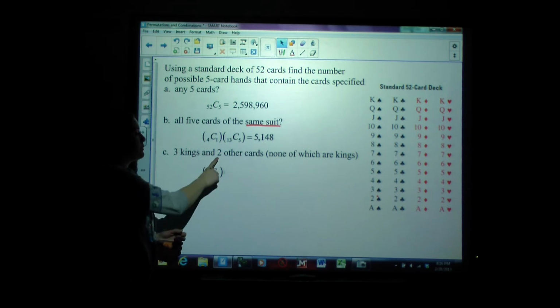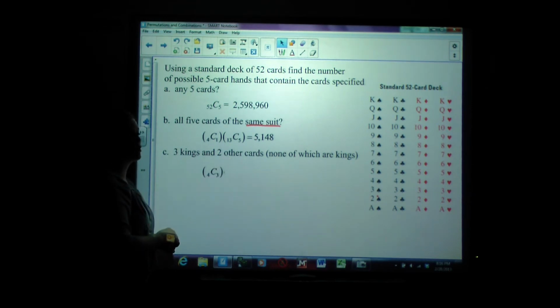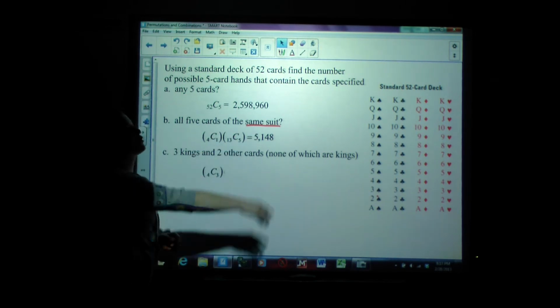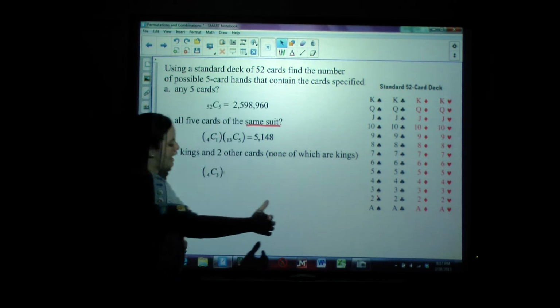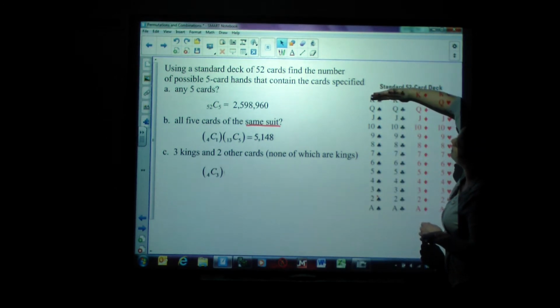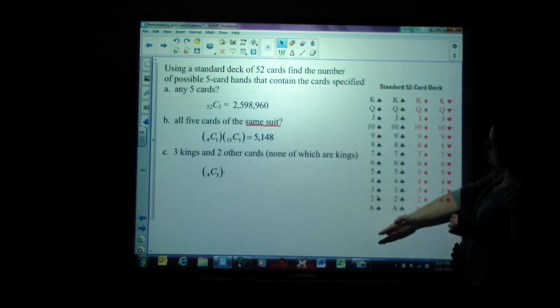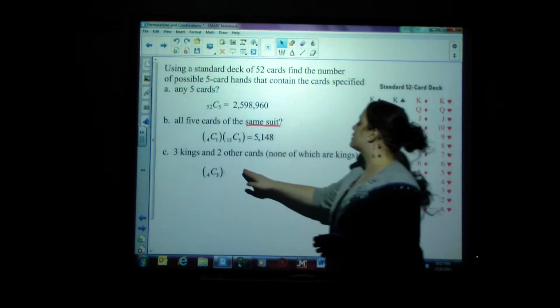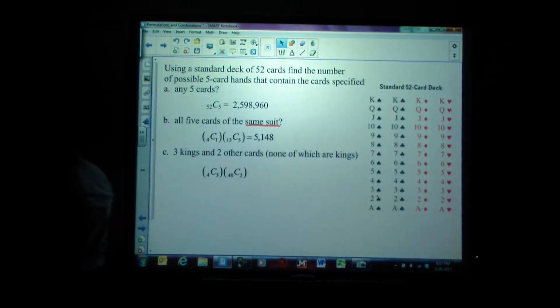And so we're going to multiply by how many ways there are to be dealt 2 other cards that are not kings. Well, if we look at the deck, there are 52 cards total. And if I say I don't want kings, that means I'm taking out these 4, which means I have 48 other cards to choose from. So out of those 48 cards, I want to be dealt 2 of them.